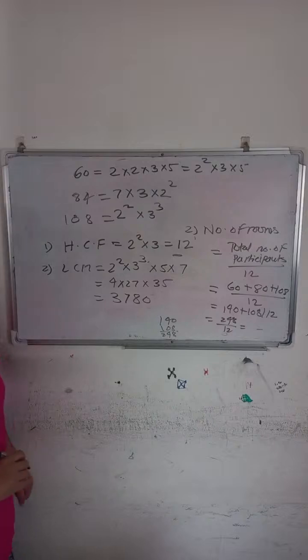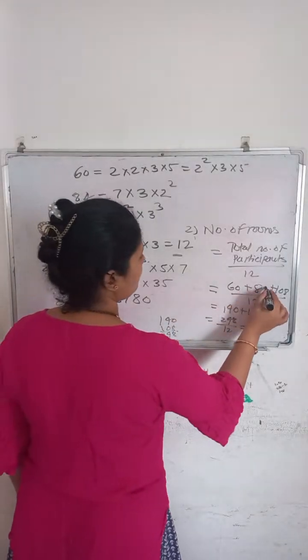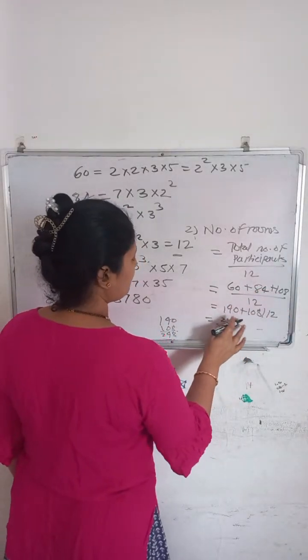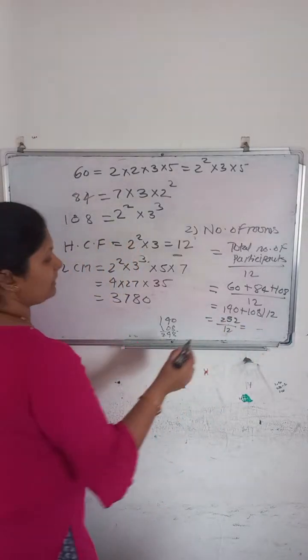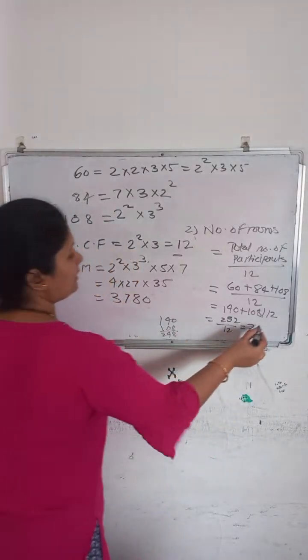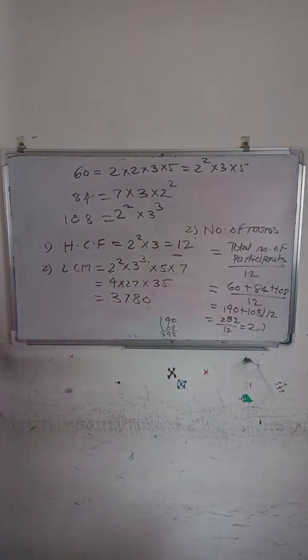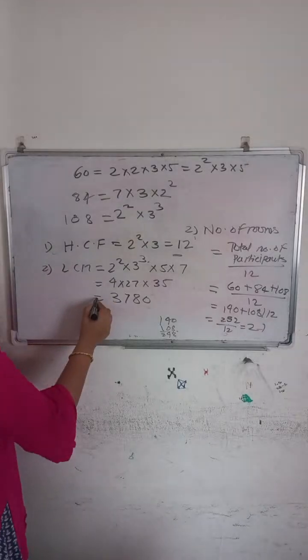You will get 21 as the answer. So 21 is the number of rooms required over here. So this is the answer of the second part. And the third one they are asking is the product of the HCF and LCM.